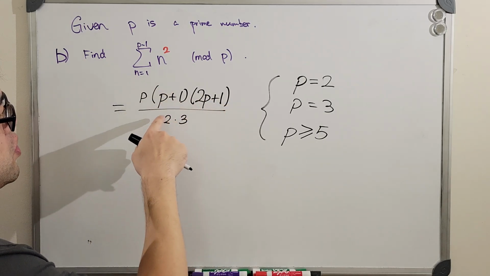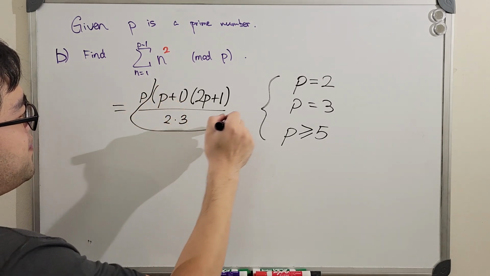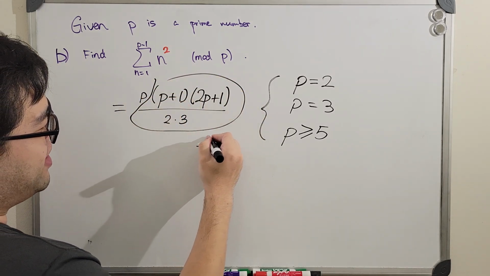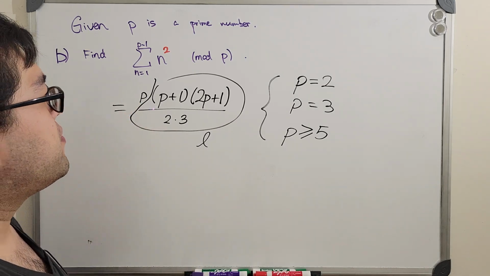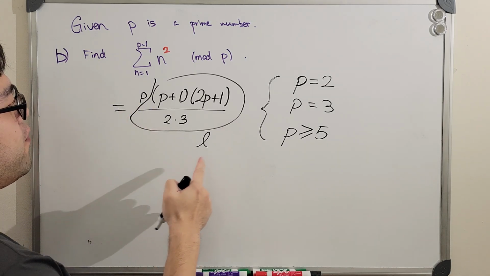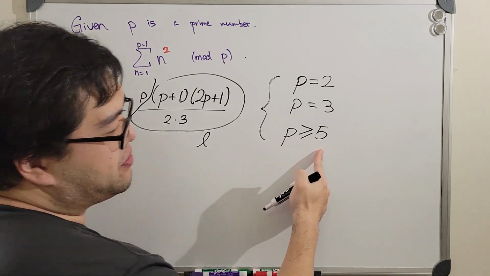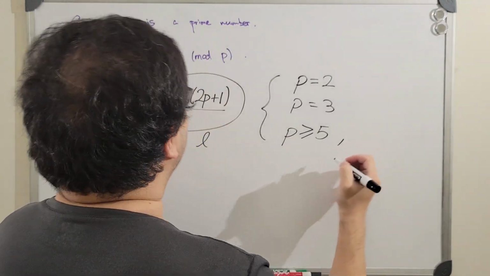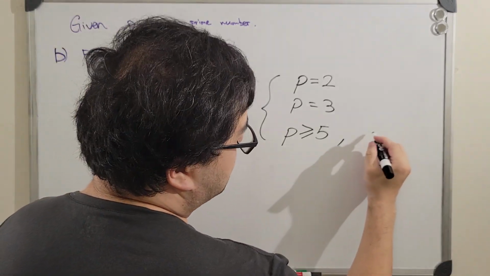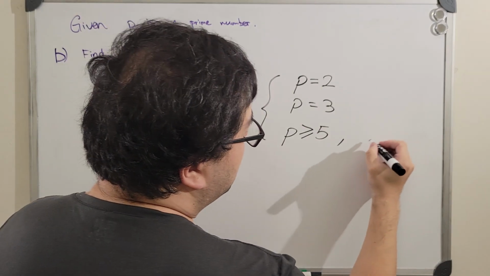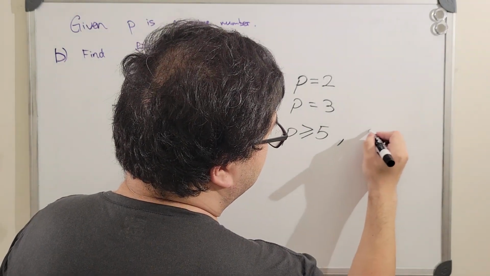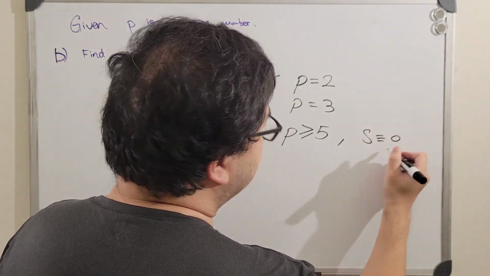Therefore, we can assume that this big part here will be an integer, L again, times the prime number that we have, p. And therefore, when p is greater than or equal to 5, we actually get the result that this sum here is going to be congruent to 0 mod p.